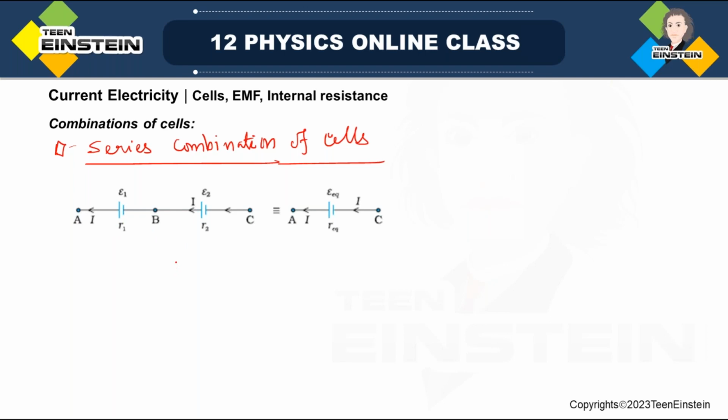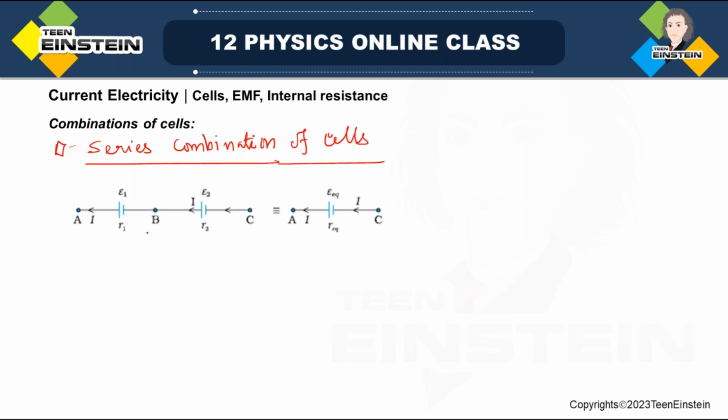Sometimes we may need a very high potential for an experiment or for some requirement, and a single cell may not give you that. So we need to use a number of cells to get the required potential and the required amount of current through the circuit. In that case we use a combination of cells, and a combination of cells is also called a battery.